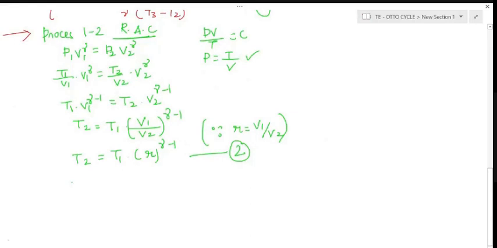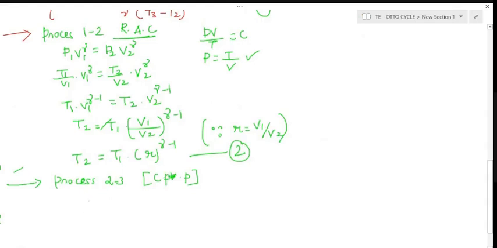Next, you have to consider the process between 2 and 3. What is the process between 2 and 3? Sorry, it is a constant pressure process.